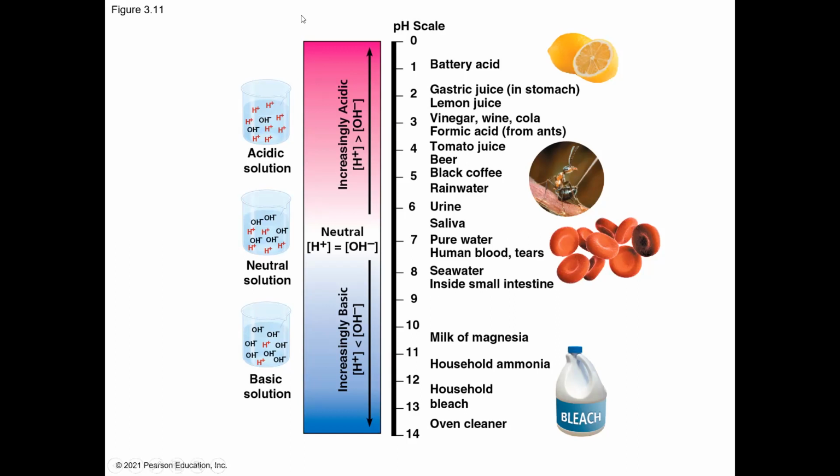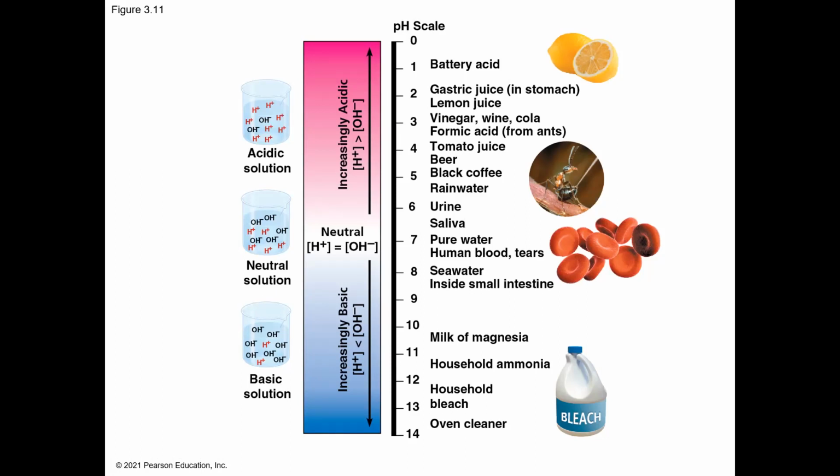So here is a pH scale showing things from 0 all the way to 14. What I want to mention about this scale and the examples listed here is that these are things we actually come into contact with in our day-to-day lives. So for example, battery acid, we all drive a car that has a battery and it has battery acid.